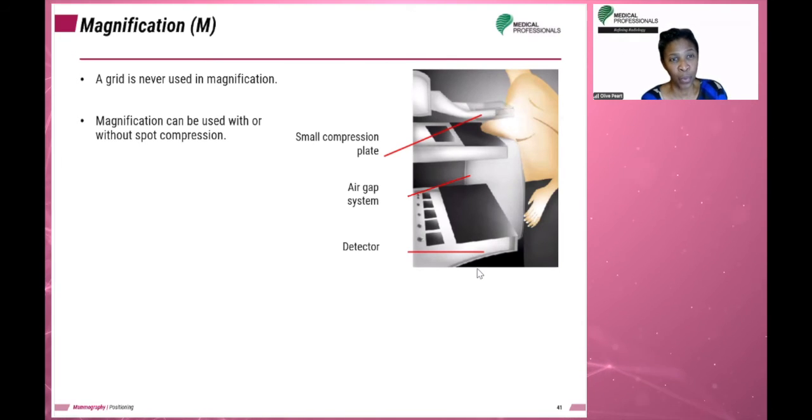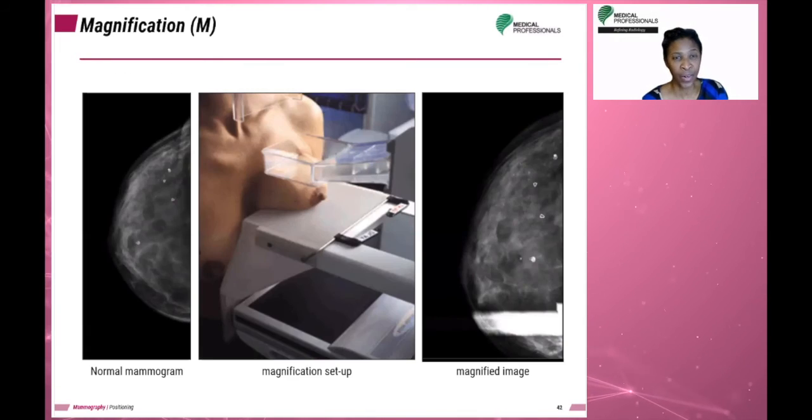So it will image a portion of the breast, but not necessarily the entire breast. It is very good in showing skin margins and for calcification. So here we have the patient in position for magnification, the normal breast, and then the magnified image of this area.